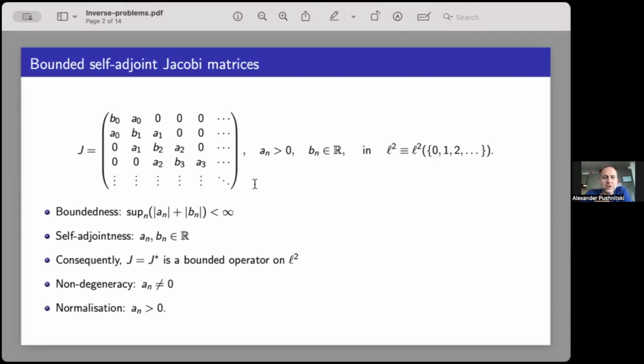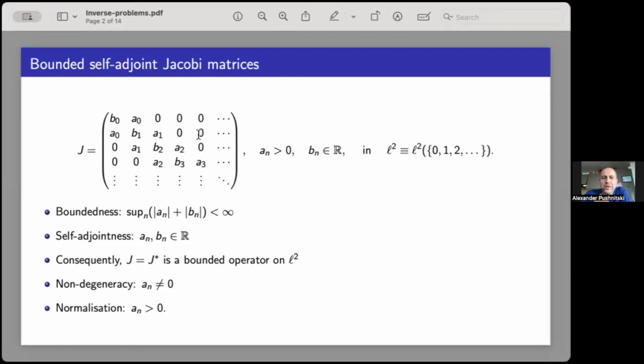So who are these Jacobi matrices? These are tridiagonal matrices. You have something on the diagonal and something on the line above and on the line below the diagonal. The A's are supposed to be positive and the B's are supposed to be real.